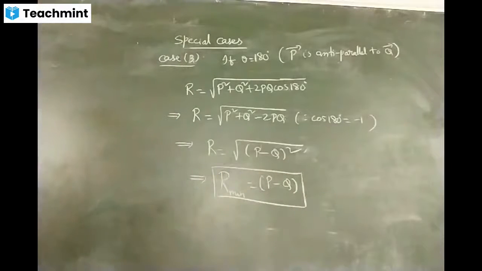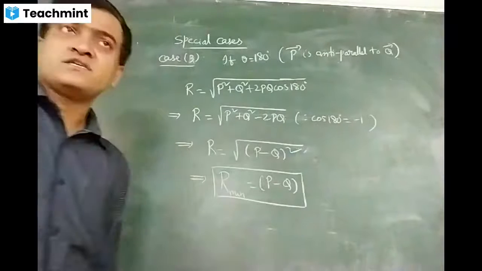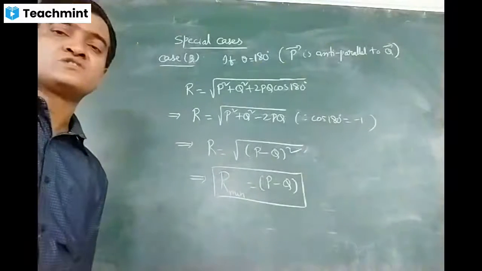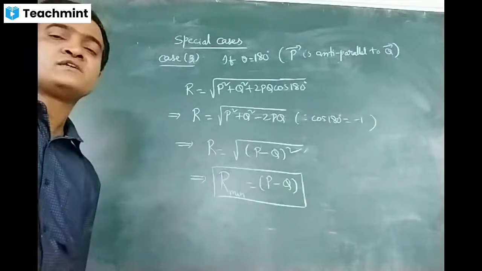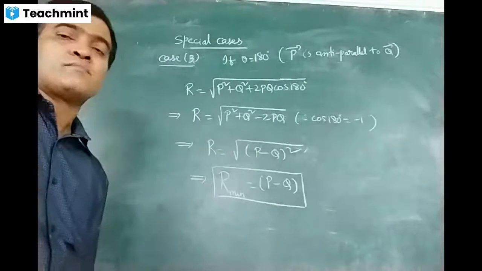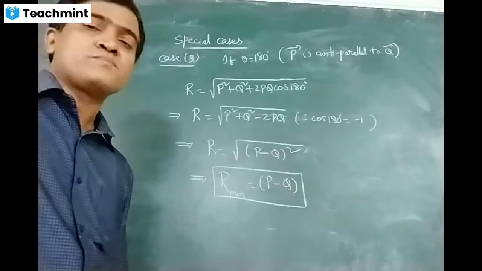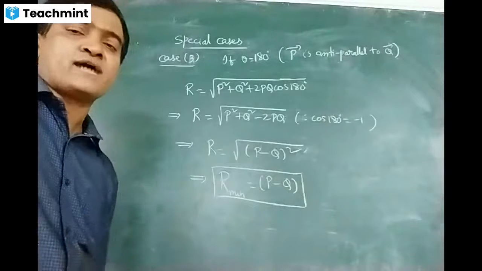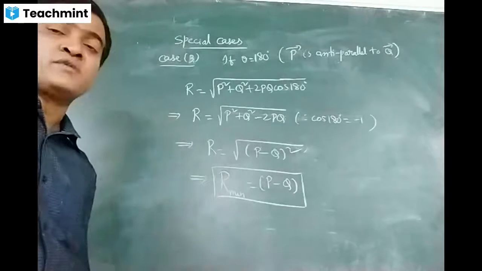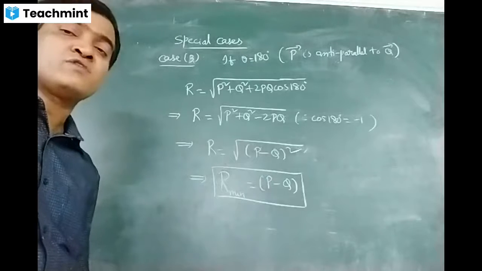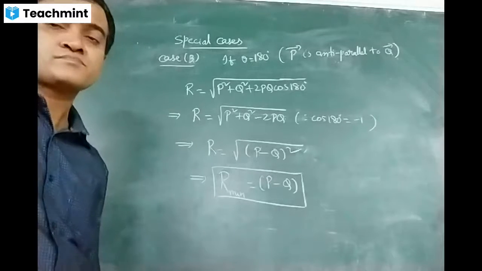R minimum. Right? When theta is equal to 180 degrees, the magnitude of resultant is minimum. When theta is equal to 0 degrees, the magnitude of resultant is maximum. When theta is equal to 90 degrees, R is equal to square root of P square plus Q square, which lies between R minimum and R maximum.